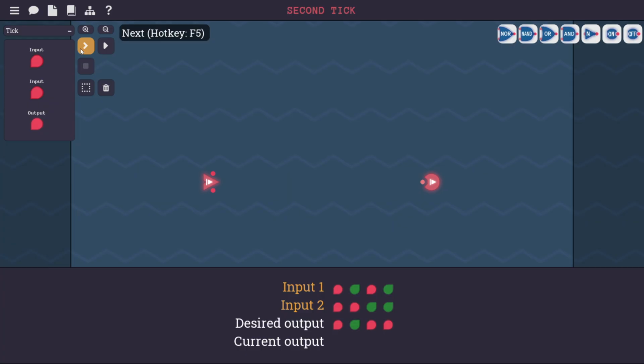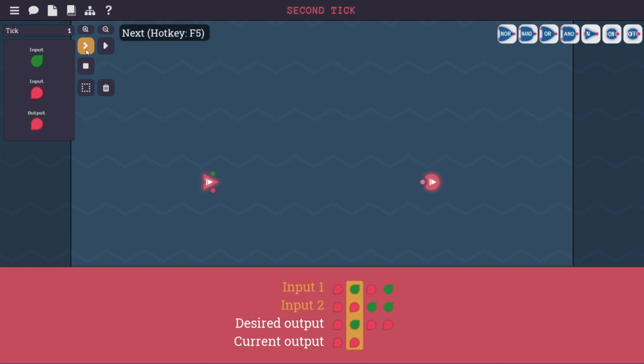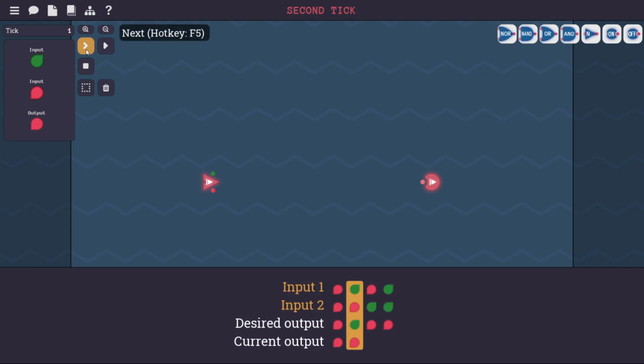That means if we go next, we're supposed to get this. And next. Next was, okay, we're supposed to get a green on this second.